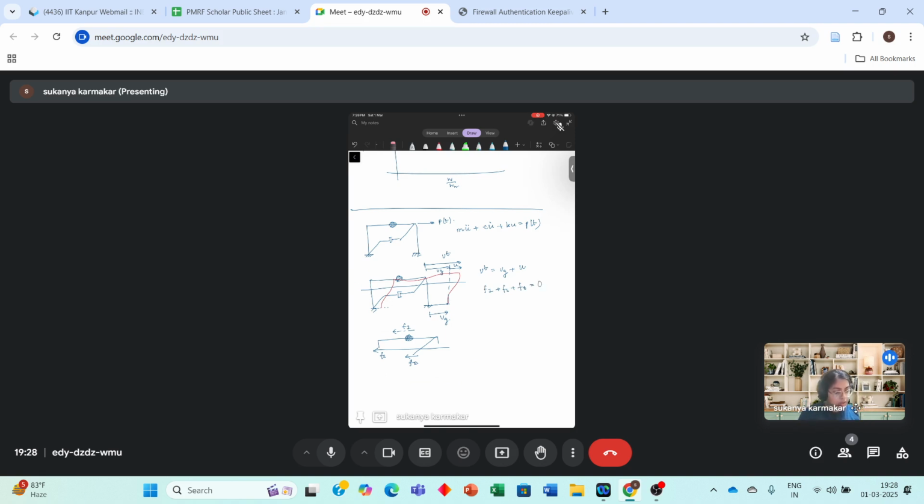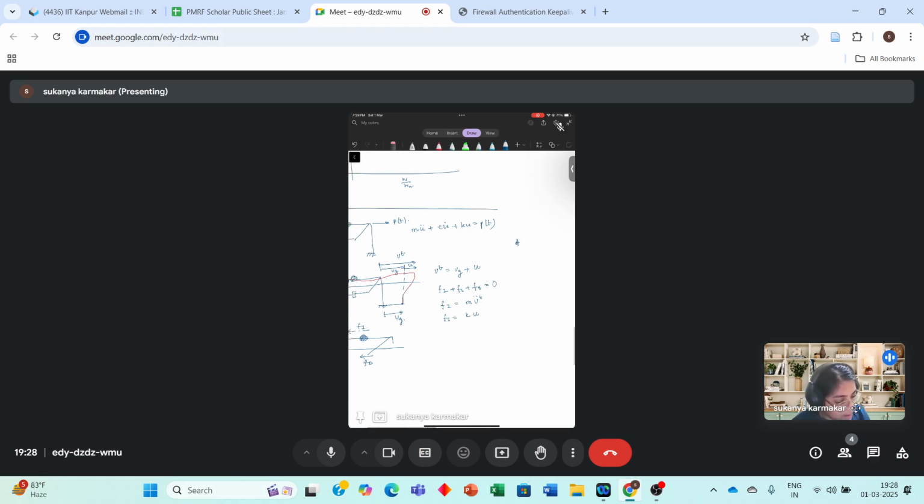Fine. Now inertial force is mass into acceleration, and acceleration is total acceleration, m into ü_t. Right. Now, what is spring force? Spring force is k into u. Suppose you have a spring, initial length is x1, then you pull the spring and make the length x2.